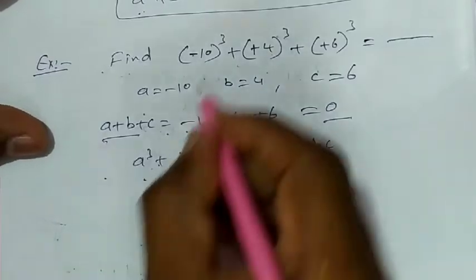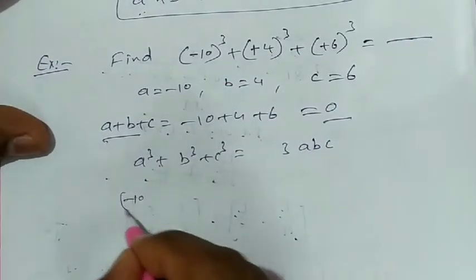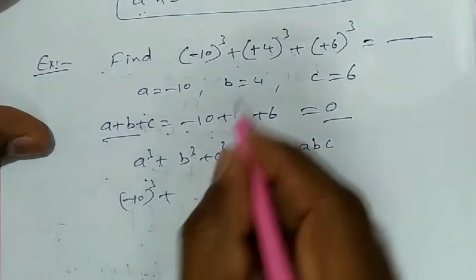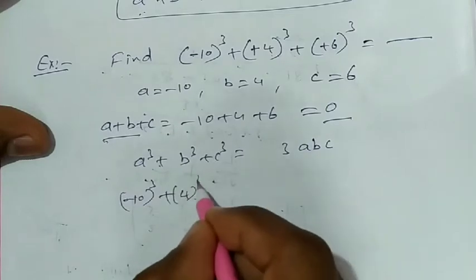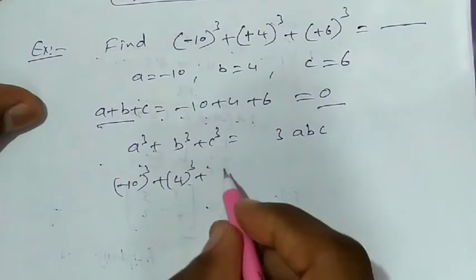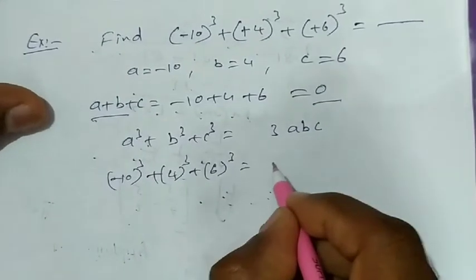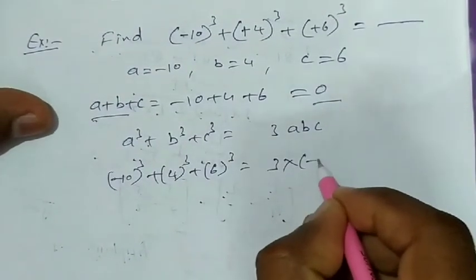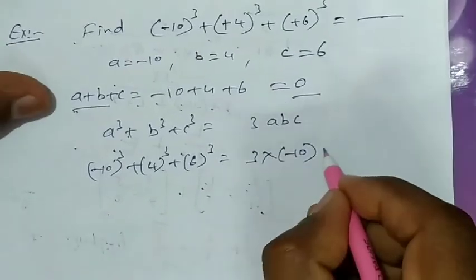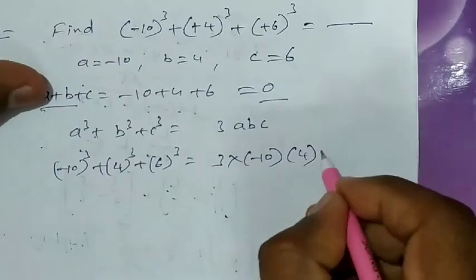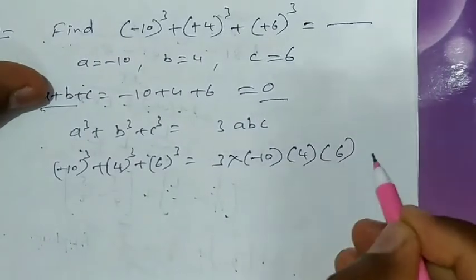Okay, so what is a? Minus 10 whole cube, plus what is b? 4 cube, plus what is c? 6 cube is equal to 3abc. 3 into a minus 10, b 4, c 6.